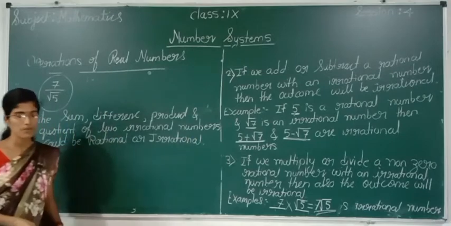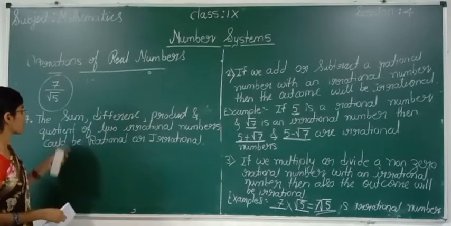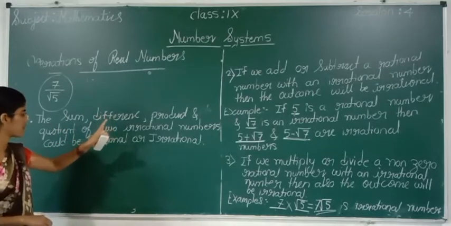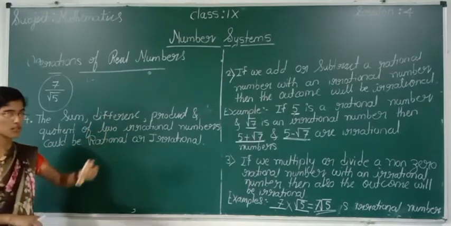See, student, the sum, difference, product and quotient of two irrational numbers could be rational or irrational.